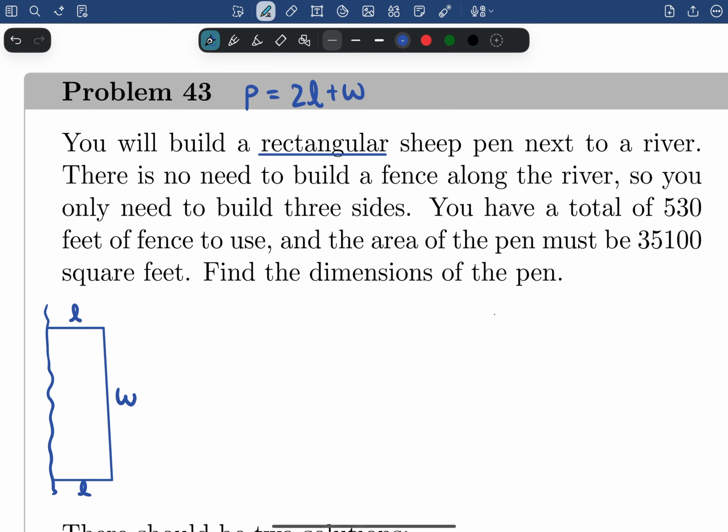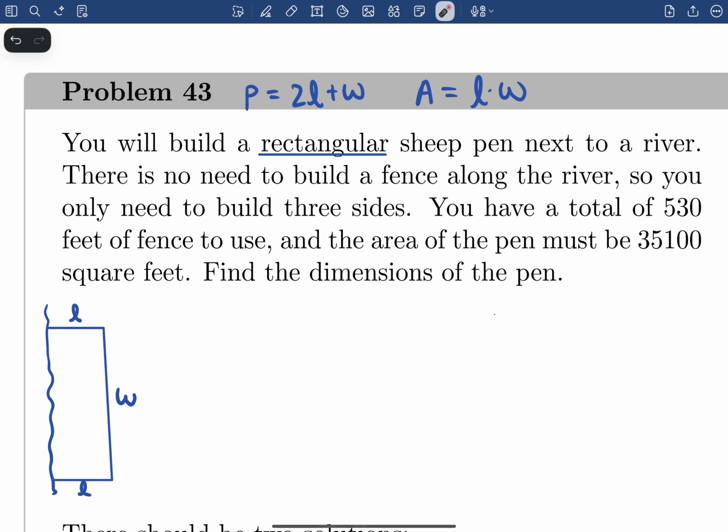That's the perimeter of fencing that I'm going to use. And of course, the area of a rectangle is length times width. So we're going to be using these two formulas, slightly adapted for our unique situation where one side of the rectangle is the river instead of the fence.